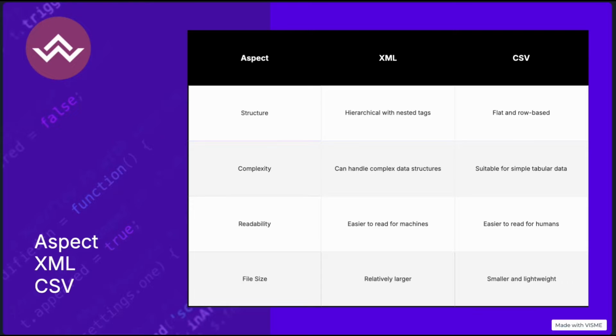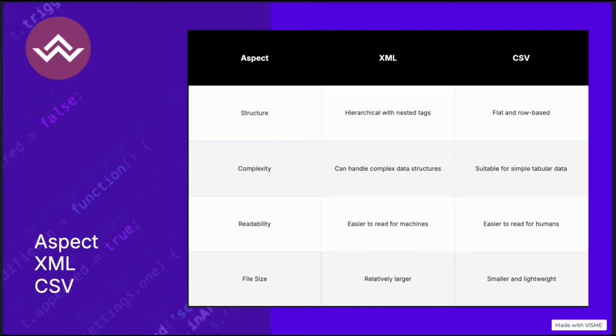If we talk about complexity, the XML file wins here, because complex data structures can only be imported in the XML file. In the CSV file, we cannot add complex data. As for readability, the XML file is easily readable by the machine.